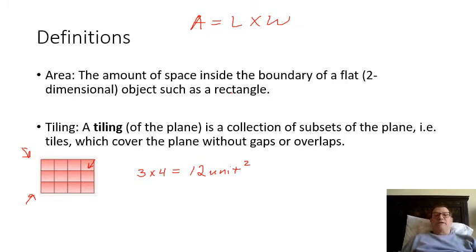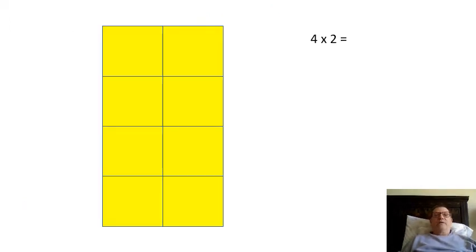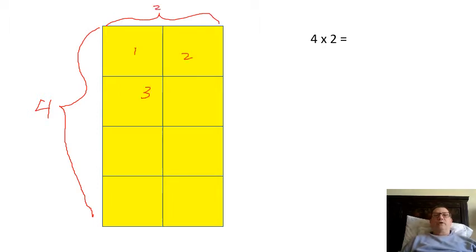Now this tiling is what we're going to be using today with fractional side lengths. So let's get started. First thing, just like the other one, on this one here, I have four rows, and I have 2 columns up top. If I were to count them, I know 1, 2, 3, 4, 5, 6, 7, 8.